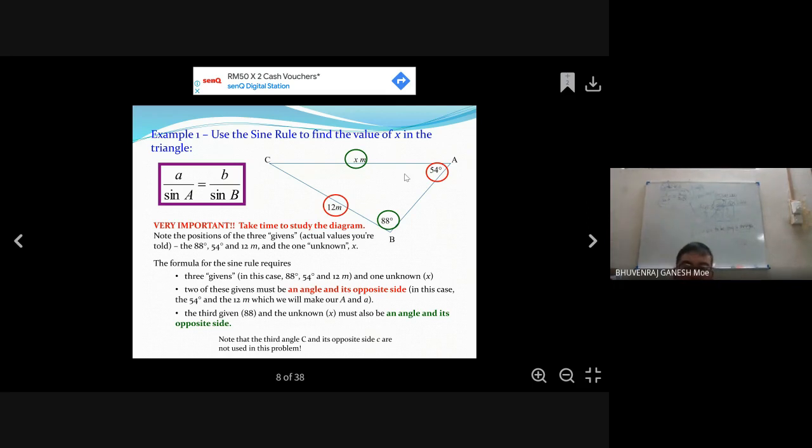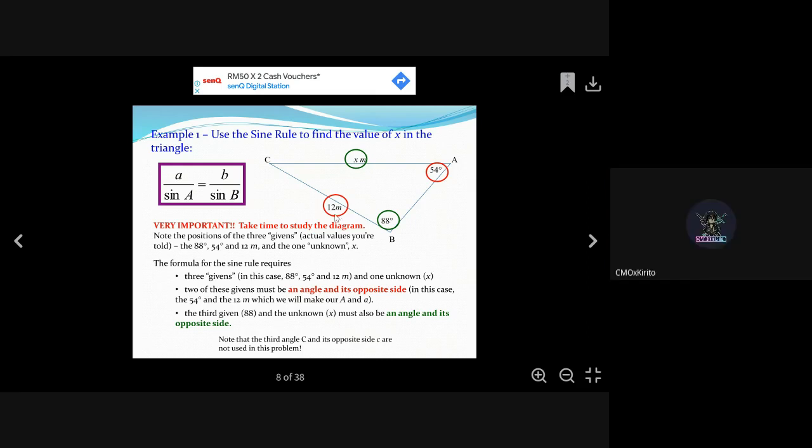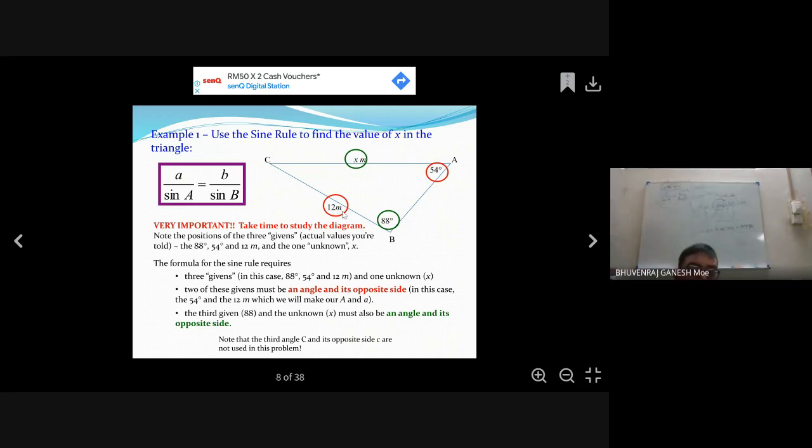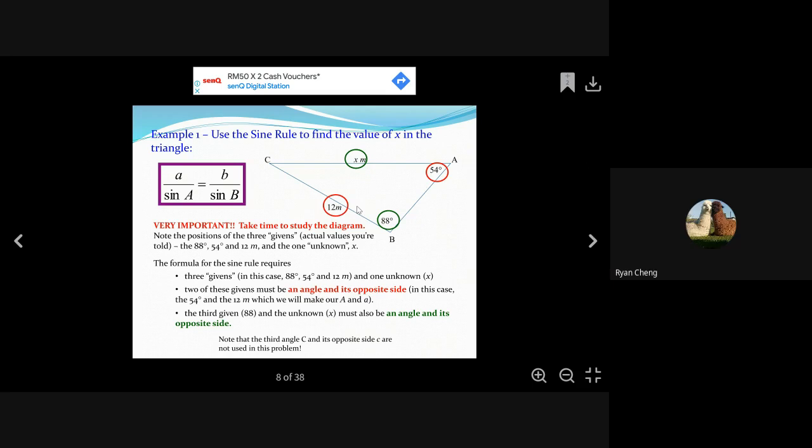So now we study this diagram together. This one is all provided already in the exam. So what can you interpret from this diagram? We can find the other angle, and then we can find x also.